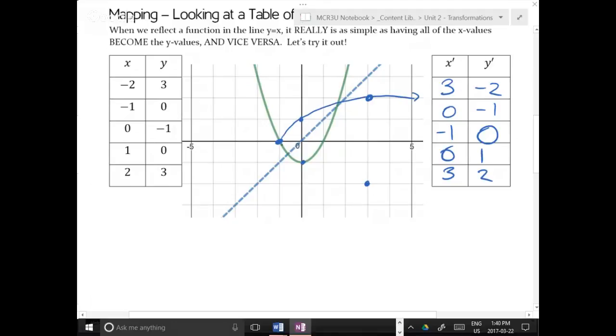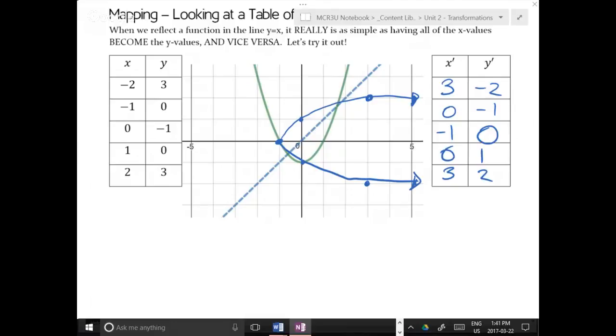And then we can draw it pretty easily. Now, I'd like to point something out. Well, nothing's perfect. I think I did pretty well. But the original function, the parabola, is it a function?